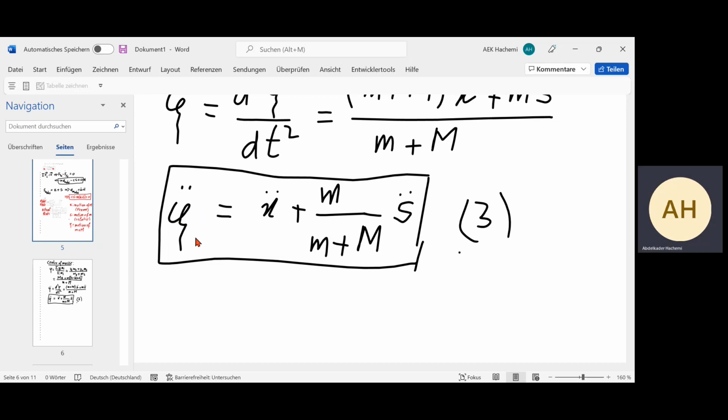This is now for the position or the acceleration of the whole system.